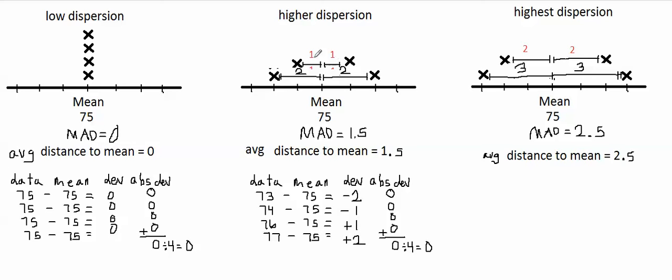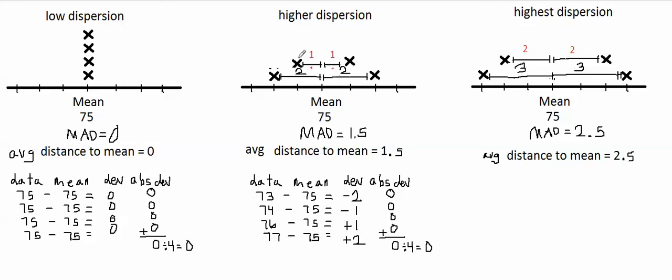Now these numbers that I showed up here aren't actually the deviations. They're the absolute deviations, which we're going to calculate in a second. The absolute deviations are all positive, but the deviations can be negative or positive. So I'll actually label the deviations up here.